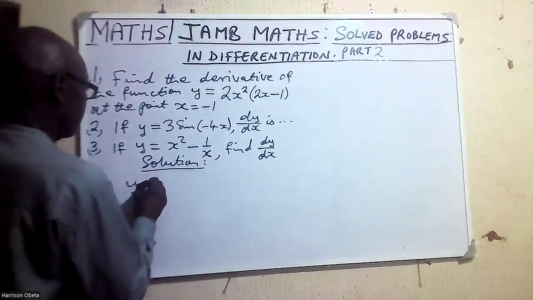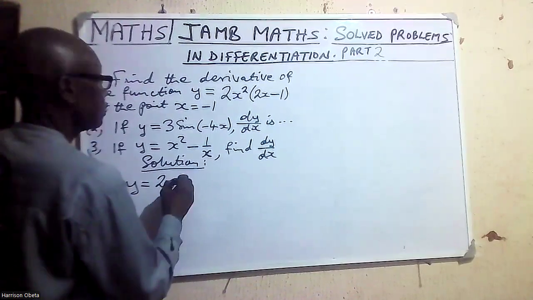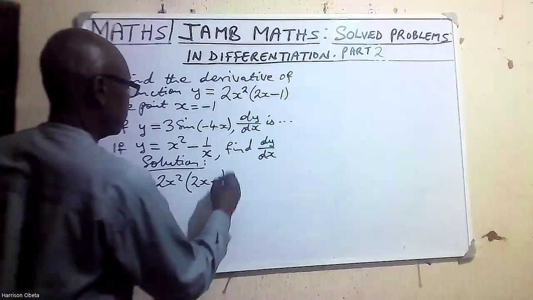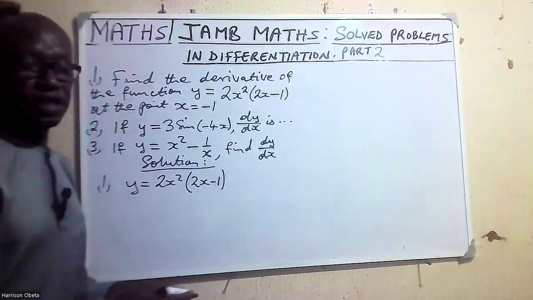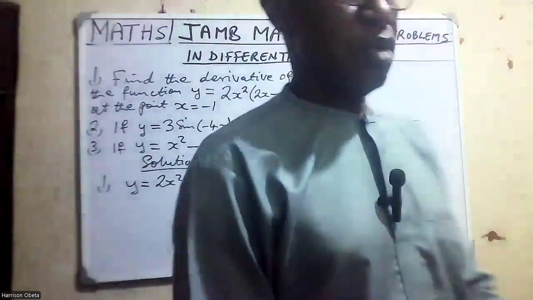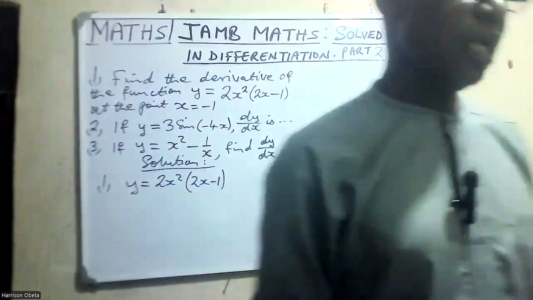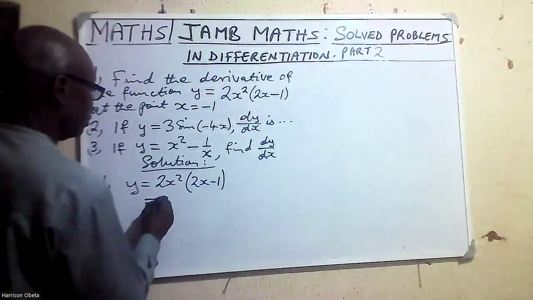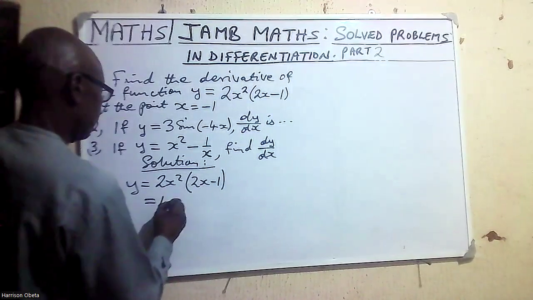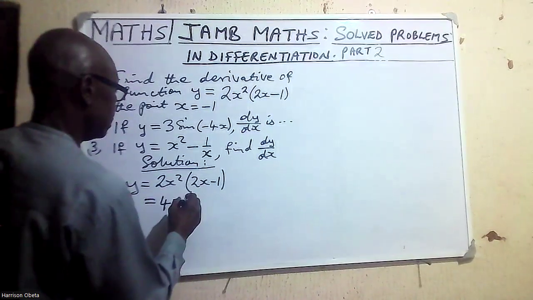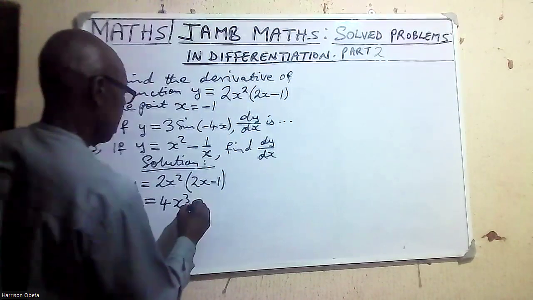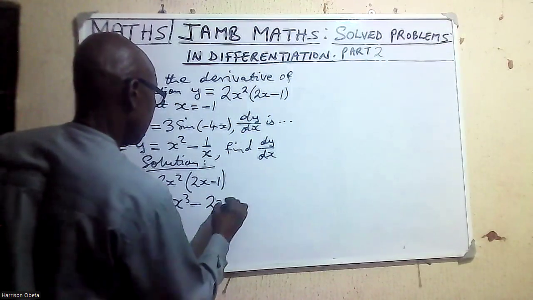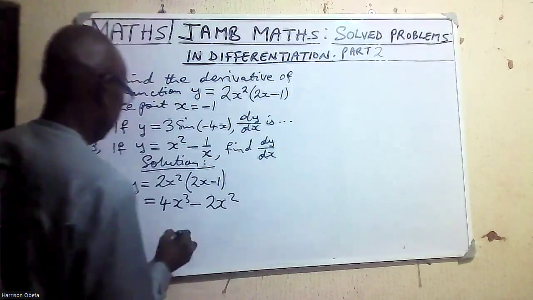You have y equal to 2x squared bracket 2x minus 1. In this case, you have to expand as usual. After expansion, we move on. So this will give us 4x raised by 3 minus 2x squared.